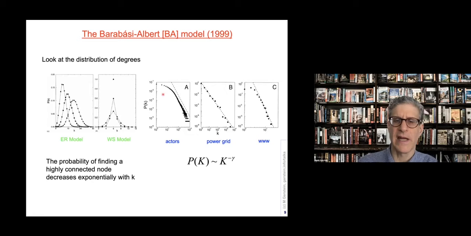And if you plot it on a log scale, that fall off is a straight line. People often use the term power law model for this, and so the degree is related to this formula. It falls off with the degree to the minus gamma power.